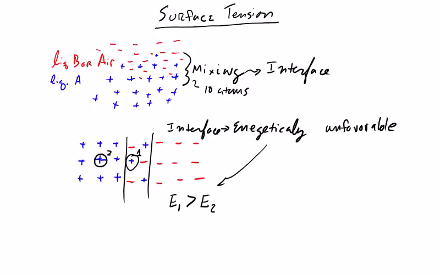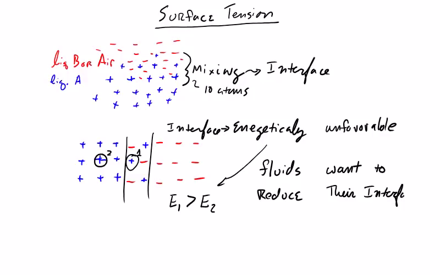All right, and that means, in general, fluids want, and I say want, it's not like it actually wants, but fluids want to reduce their interfacial area, because it's energetically unfavorable.